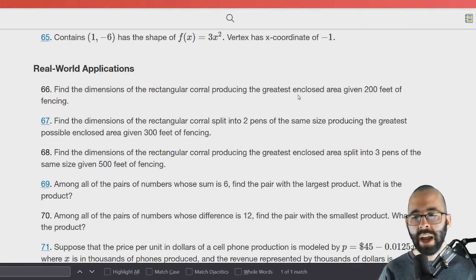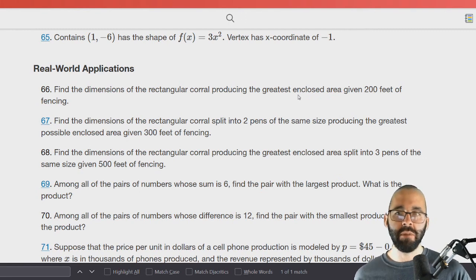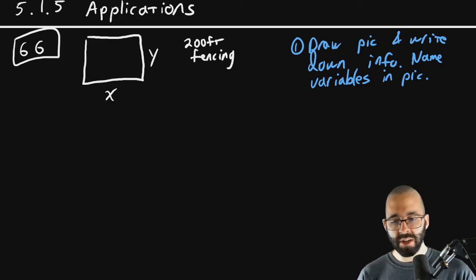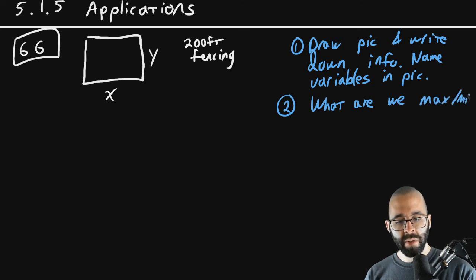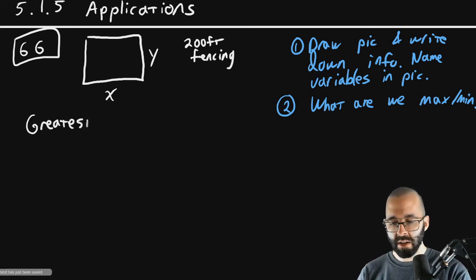Greatest enclosed area. We're always going to be trying to find maximums and minimums with these applications. Greatest enclosed area. But what are we maximizing, or minimizing? That's what we're going to say. We want the greatest area.